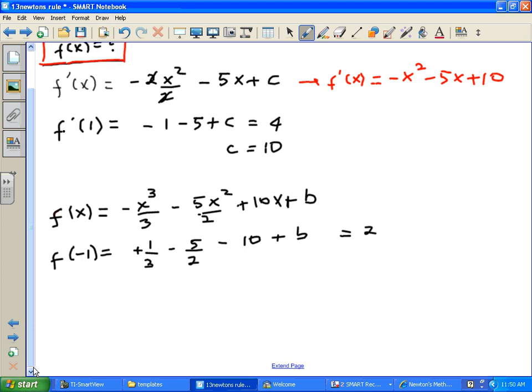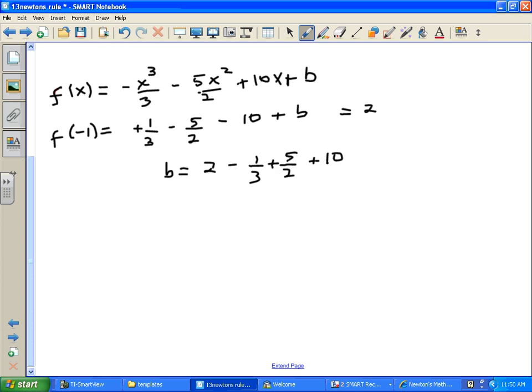So that means that b is equal to 2 minus 1/3 plus 5 halves plus 10. At this point, you could either use a calculator or get common denominators. In this case, it is 6.